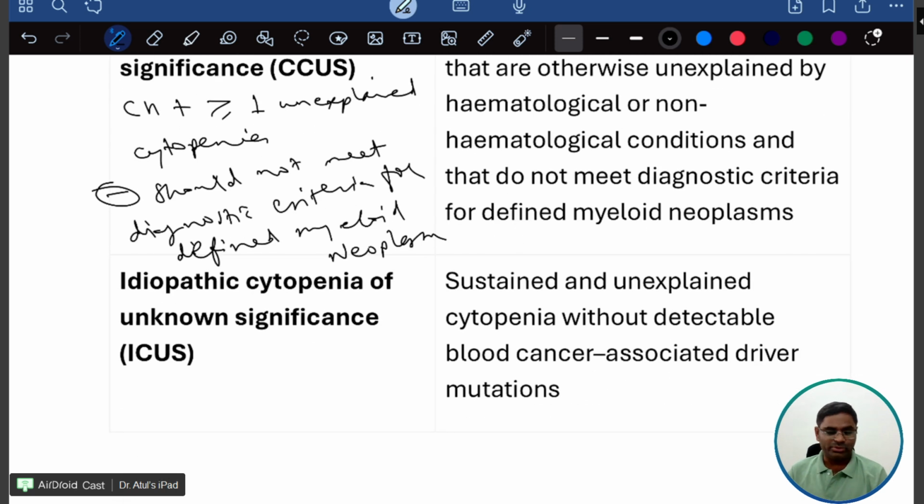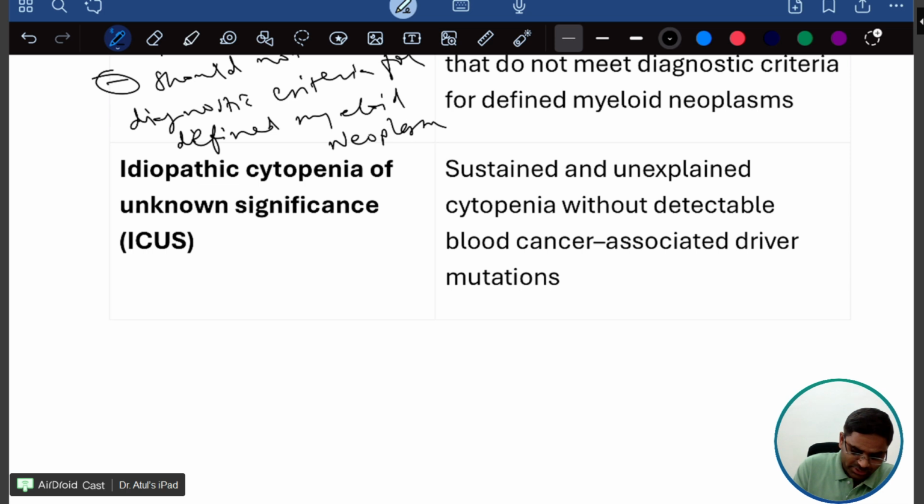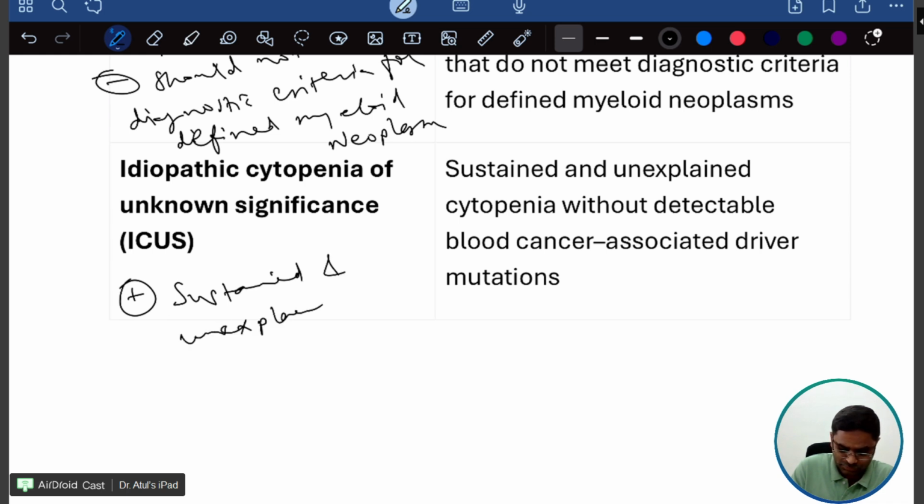The last term is ICUS, that is idiopathic cytopenia of unknown significance. So it means that there is sustained and unexplained cytopenia, but the cause is not known.